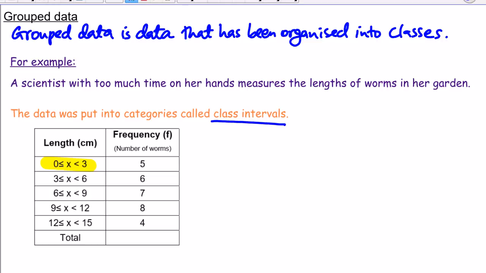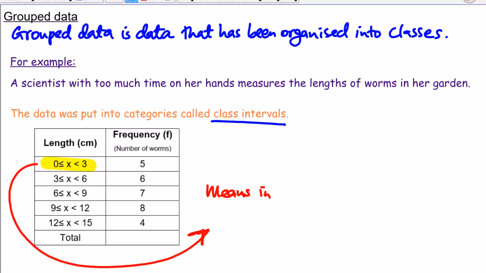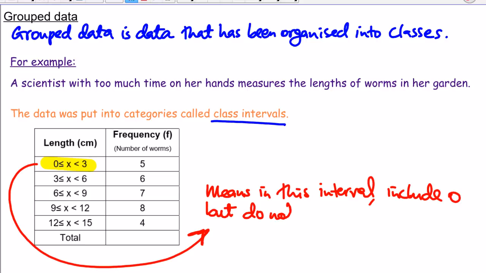For example, this particular interval here means that in this interval, we include 0 but do not include 3.